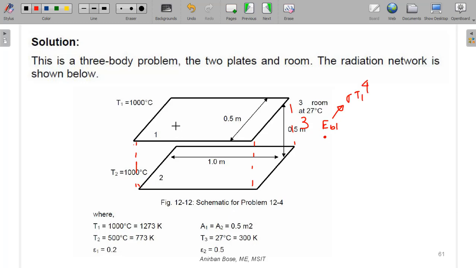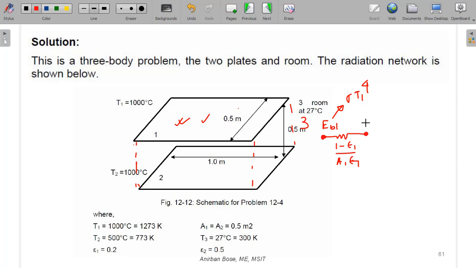But this one surface is not a black surface, so it should have a surface resistance. So put a surface resistance. What is surface resistance? 1 minus epsilon 1 by A1 epsilon 1. As you know, the emissivity and the area is given, so you can find out the surface resistance. Temperature of the surface 1 is given, that means you know what is EB1.